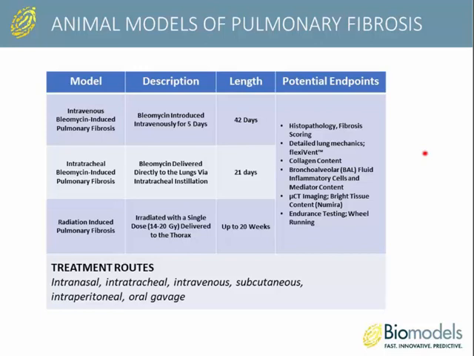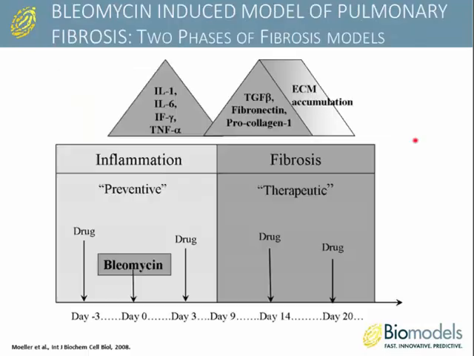Additionally, we have the ability to have micro-CT imaging performed, and this gives a nice image of the fibrosis in the lung. And additionally, if we want to look at some of the endurance testing, we can do wheel running with these animals as well.